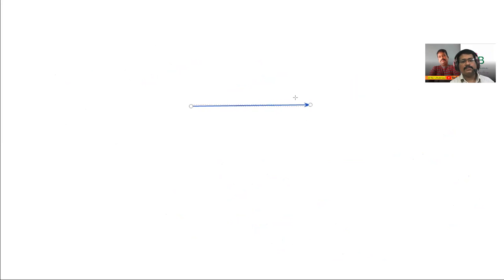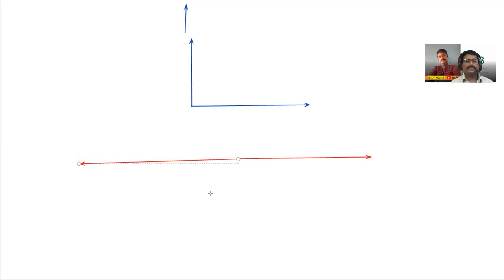Right. So this is a right angle. No doubt about that. Next, I am going to take another color. This is supplementary angle. When it is rounded off, then it is called complete angle.